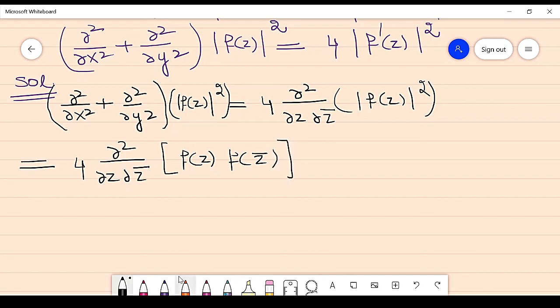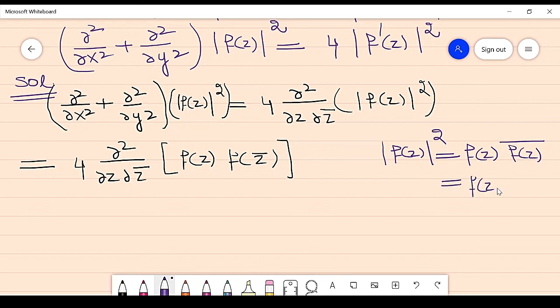Why is this possible? Because the absolute value of f z whole square can be written as f z times f z conjugate.